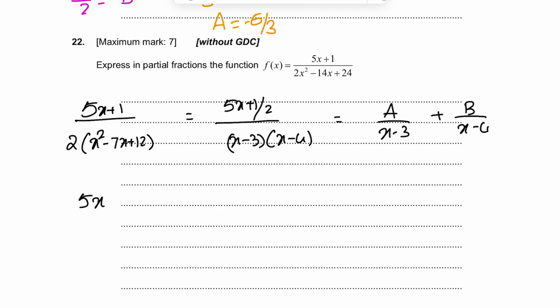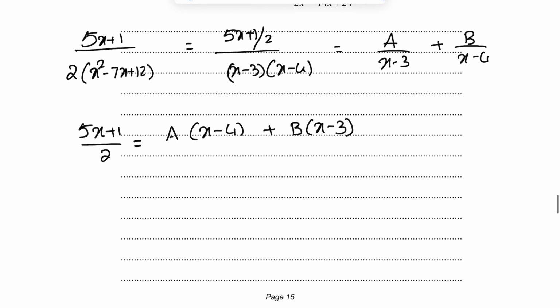So 5x plus 1 upon 2 equals a times x minus 4 plus b times x minus 3. Then x equals 4.